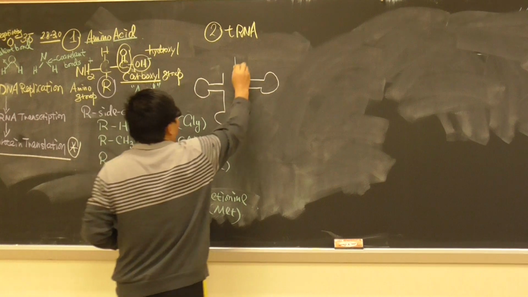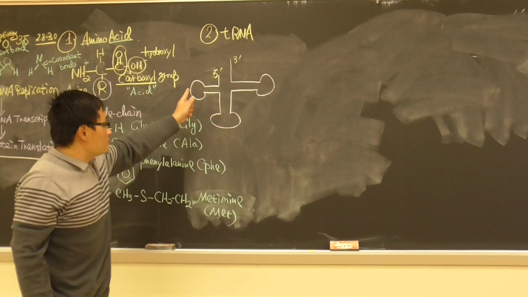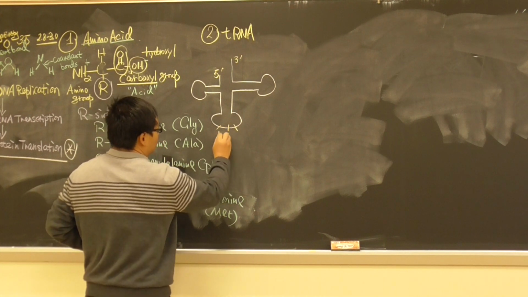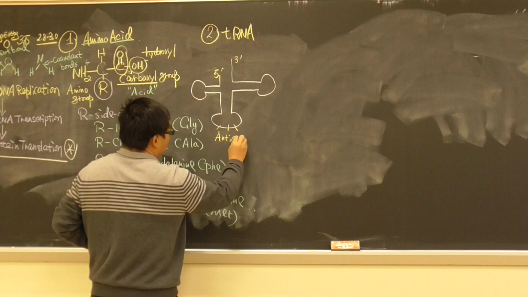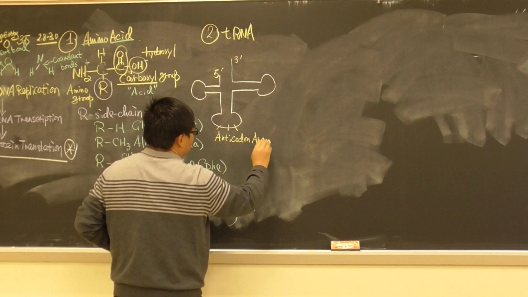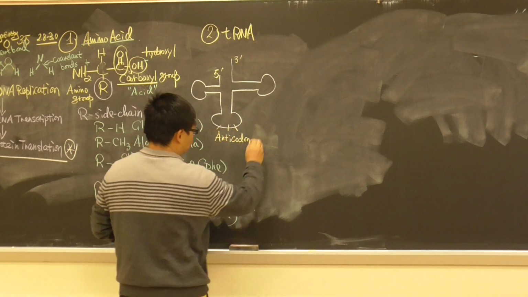And we have 3' and 5' ends. There are so many arms there. The first one is the anti-codon arm, which carries the anti-codon.